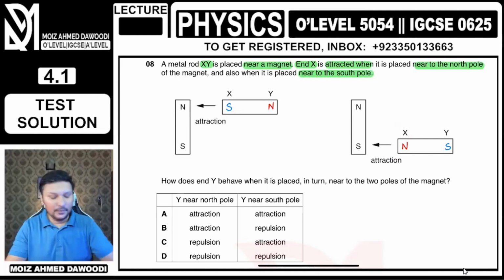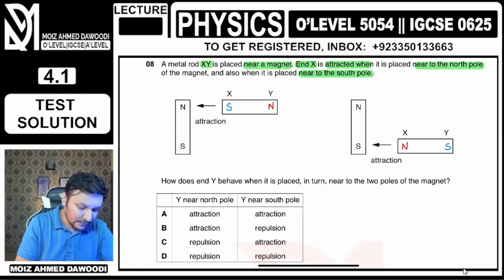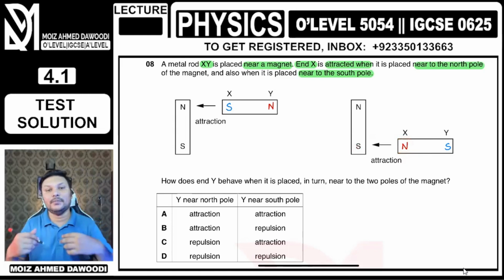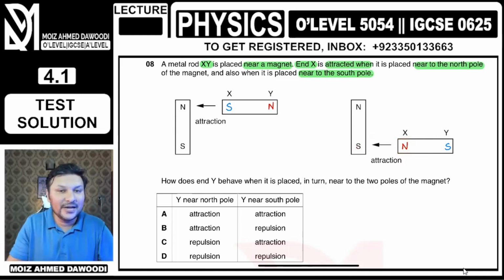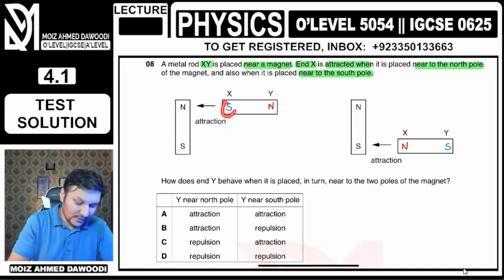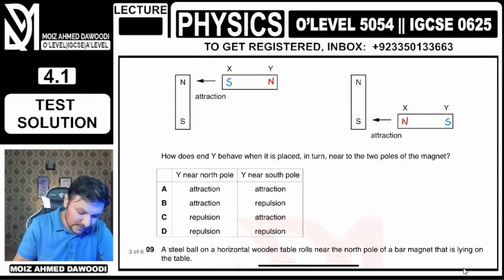When the permanent magnet wants to create a south pole at end X, it will create a south pole at end X. If it wants a north pole at end X, it will make a north pole at end X. So one identification of a temporary magnet is that it does not have a fixed position of its poles. Sometimes it behaves south at X, sometimes north at X. So it is made up of iron.